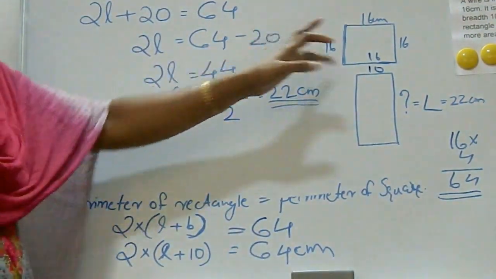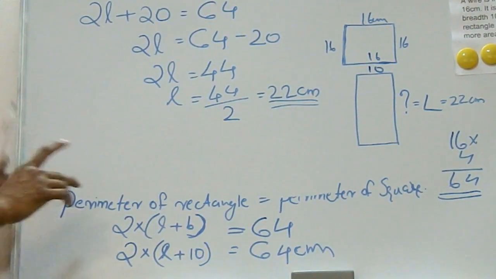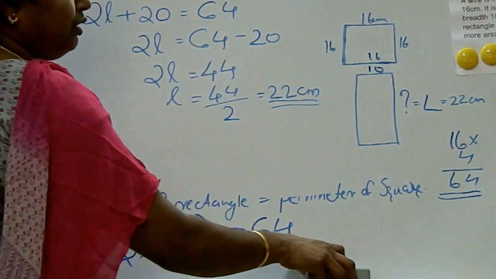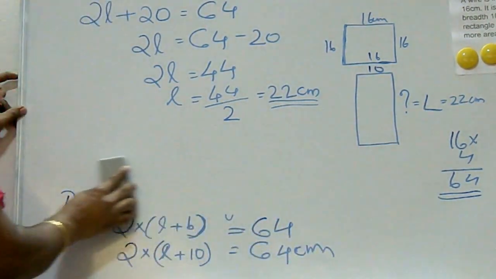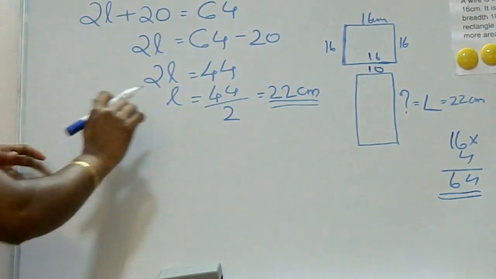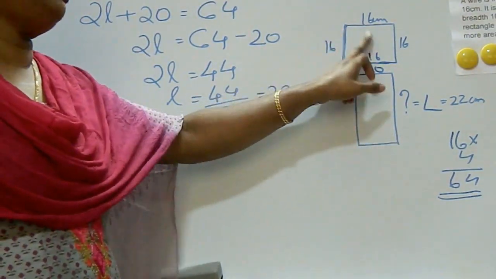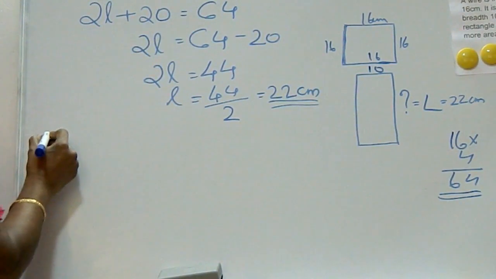Then in this question they also told us to find which one has more area. So we have to find out the area of both the square and the rectangle. Then only we can find out which one has more area. Now we know the length and breadth of this rectangle and the side of the square. First we will find out the area of the square.